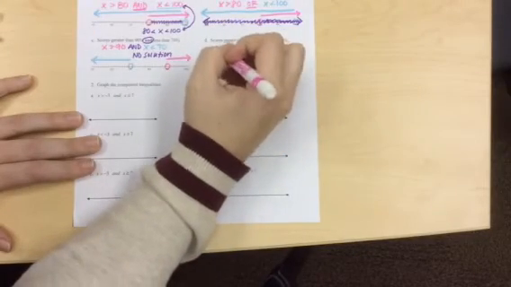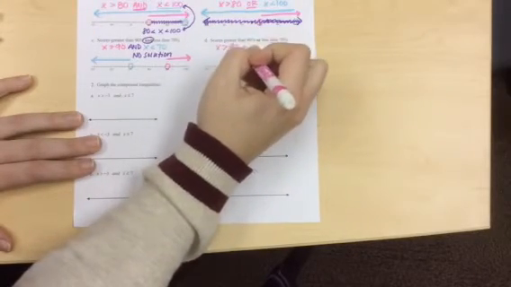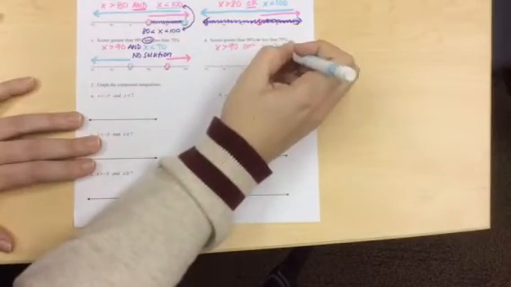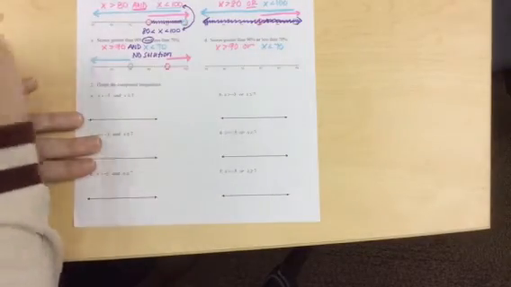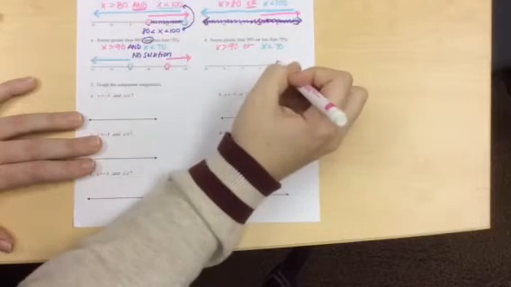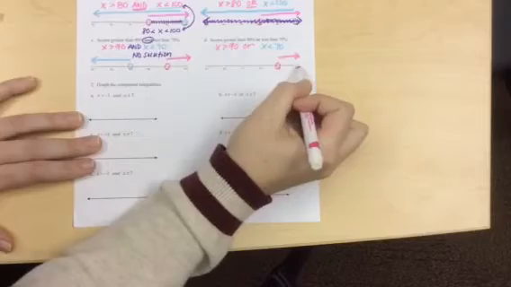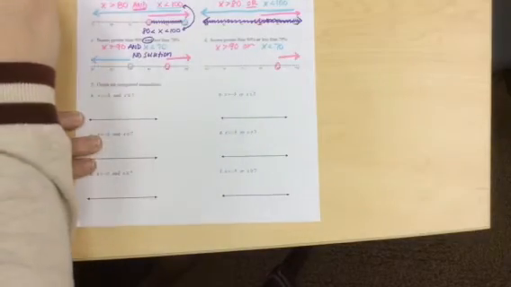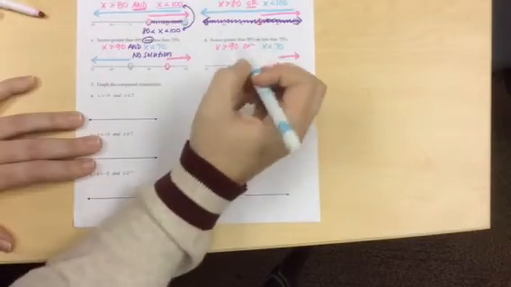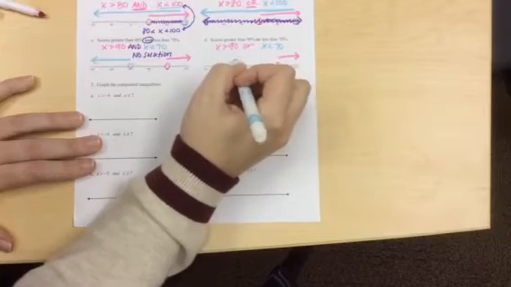Okay, scores greater than 90 or less than 70. So if I look greater than 90, so I have that open circle, and greater than, all my values greater than 90 are to the right. Less than 70, so 70 and less.